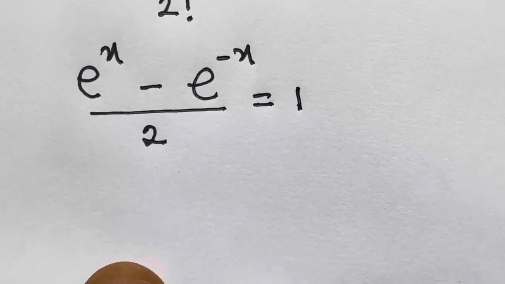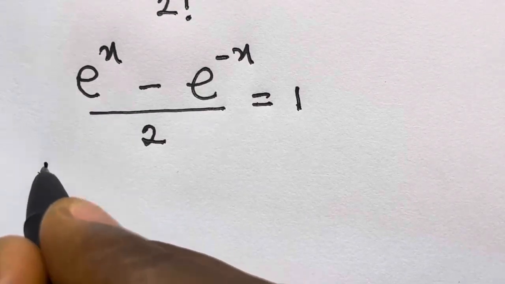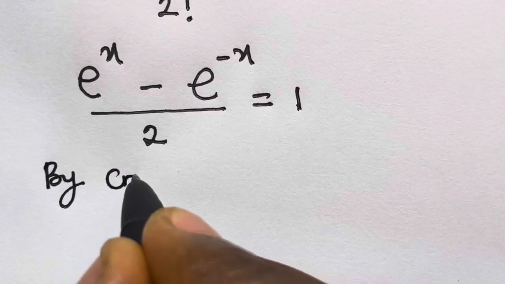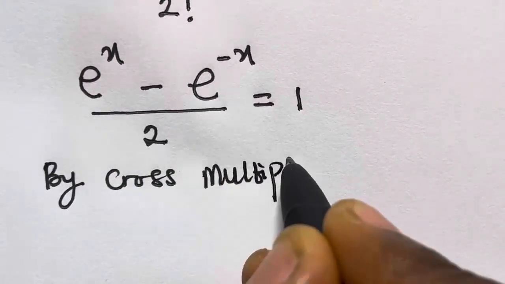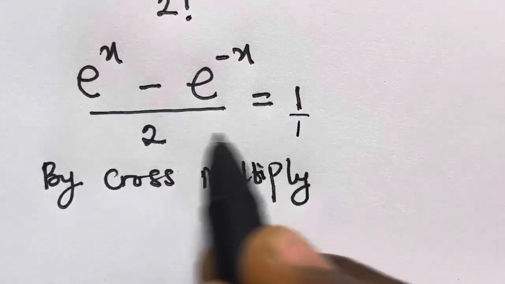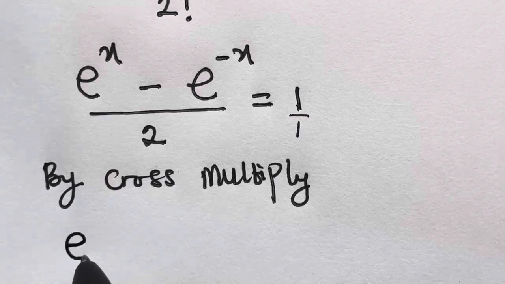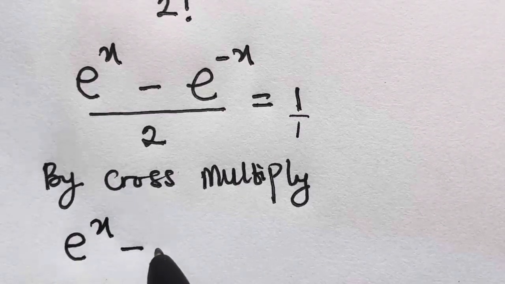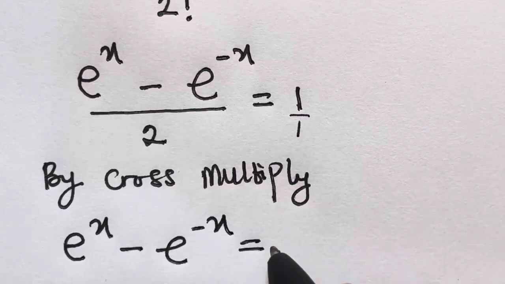So if we cross multiply, we multiply 1 and 2, and we multiply 1 here. So we have e^x - e^(-x) equals 2 times 1.